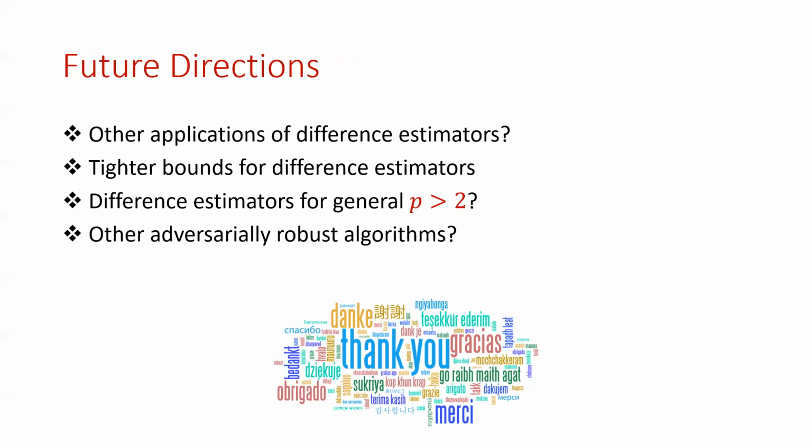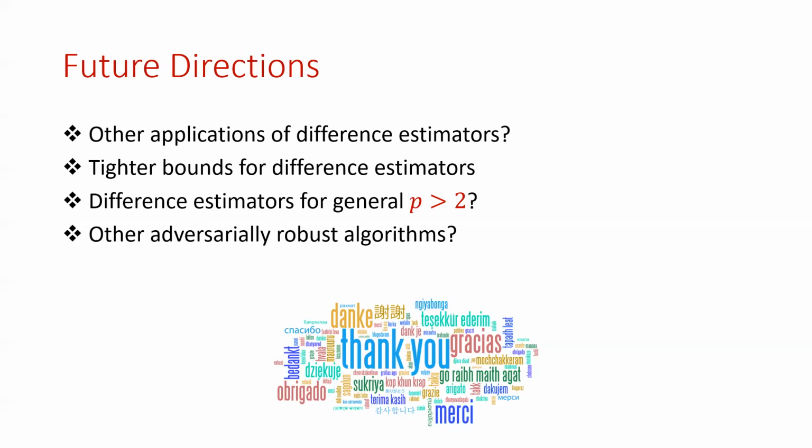Now, before I conclude my talk, I'd like to go through some future directions. The first question is that the difference estimator concept is relatively novel, but it seems quite general. So there could be potentially a number of other applications for difference estimators. We also haven't explored the tight bounds for these difference estimators, so it's not known if we can get even better approximation algorithms in terms of the lower order costs.